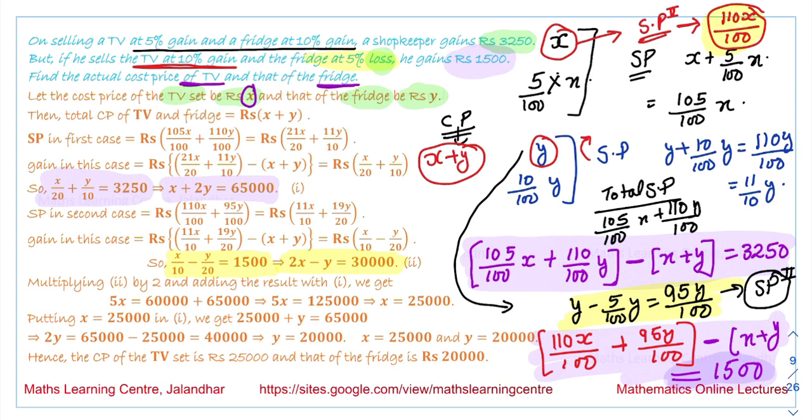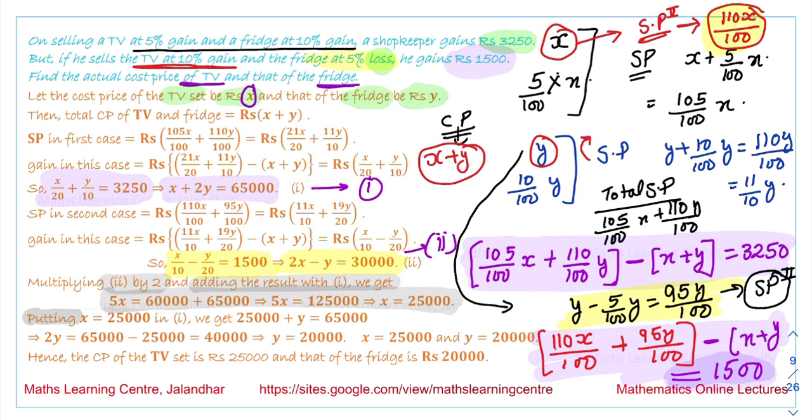Now we have to solve these two equations. This is equation number 1, and this is equation number 2. For solving these, we multiplied equation 2 by 2 and added the result to 1, and we obtain that the value of x is 25,000.